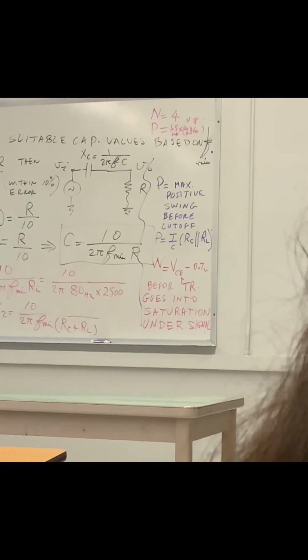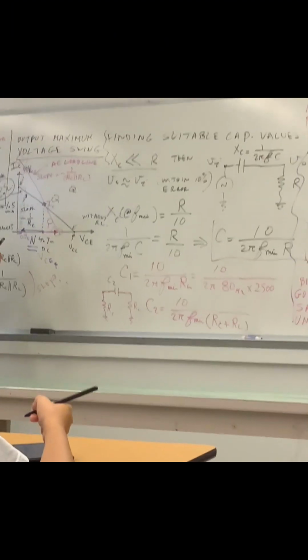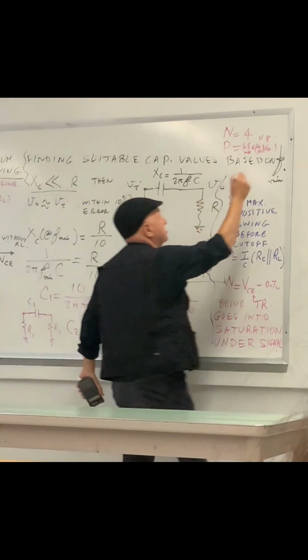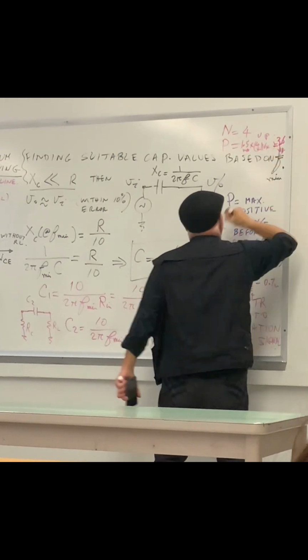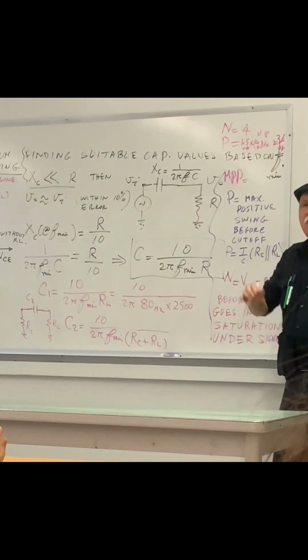Yes, 2.4. So here it is. 2.4 times 1.5. 3.6. Yeah. This is 3.6 volt peak. MPP is defined as maximum peak to peak.